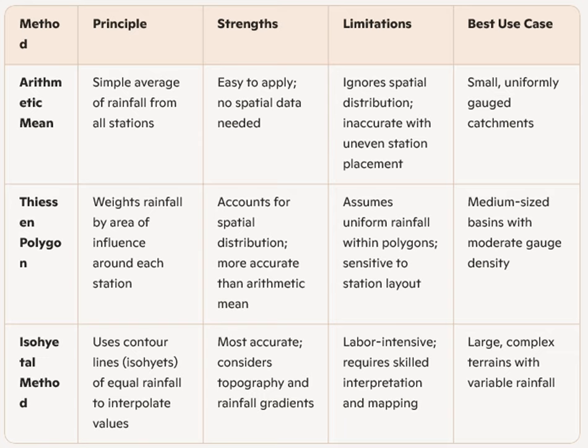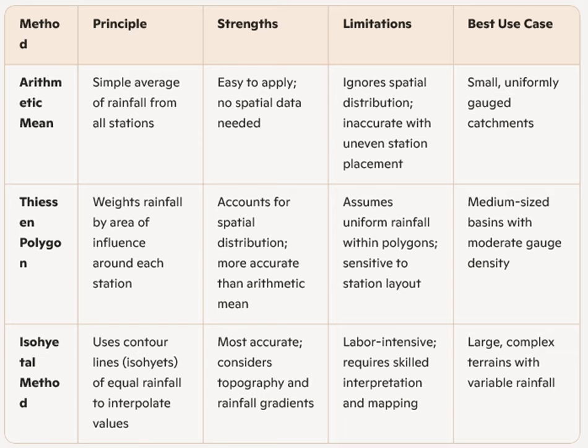Let us represent it by P subscript M. And you have in total n number of rain gauge stations which measure the rainfall at that station. Now, how to find the mean precipitation?